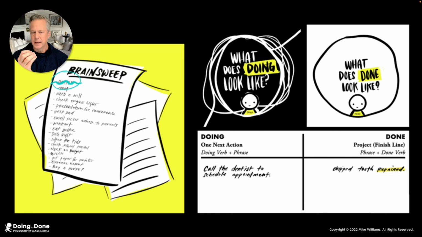And as far as common ground that we have here together today, before we hop into OmniFocus, I just want to have the common ground around stuff, getting stuff off your mind. And then the name of the book is transforming that stuff into effective doing statements and done statements.